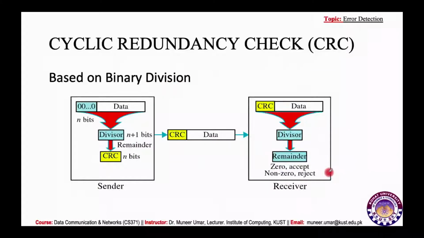Then we have cyclic redundancy check, CRC. CRC is performed at the Datalink Layer. It is based on binary division. What we do, we take the data, append some zeros with it, and then apply a division having a divisor.